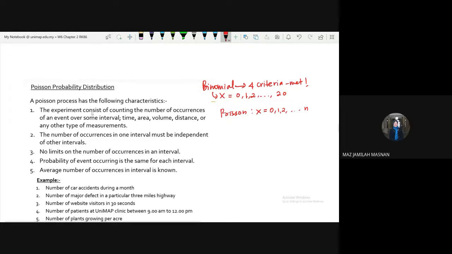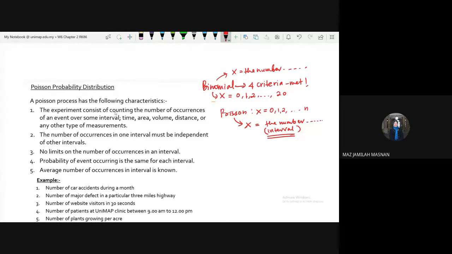A poisson process has the following characteristic. The experiment consists of counting. If we are talking about binomial, it's the number of something. For poisson, x will also be the number, but in addition, the last part is the interval involved.